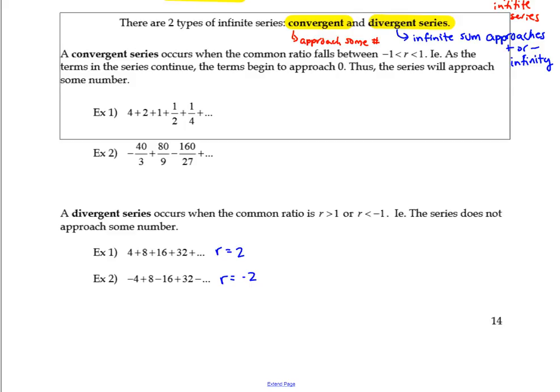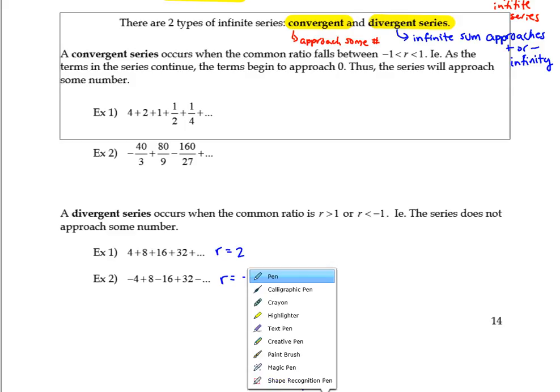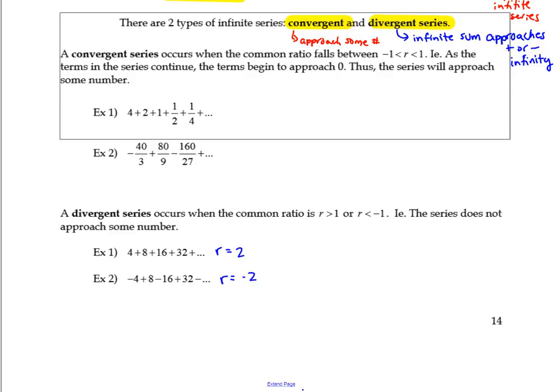And so notice that these R values are either greater than 1 or less than -1. So the common ratio is really important. It tells us if it's going to actually converge on something or if it's going to diverge. So a divergent series occurs when your common ratio is greater than 1 or less than -1. Now we're not going to talk about a common ratio of 1 or -1, especially 1.